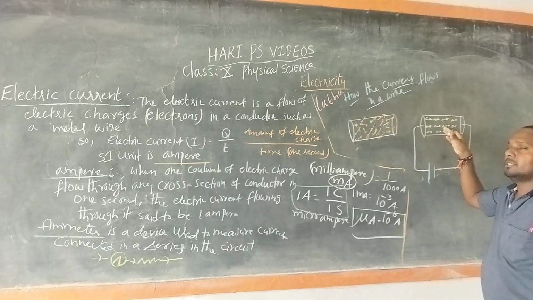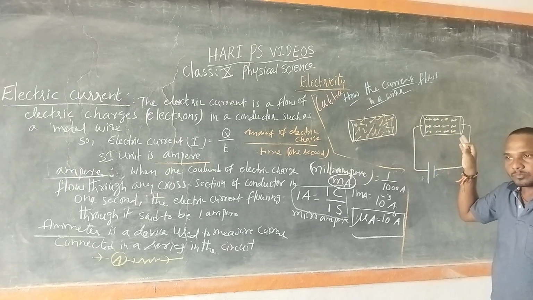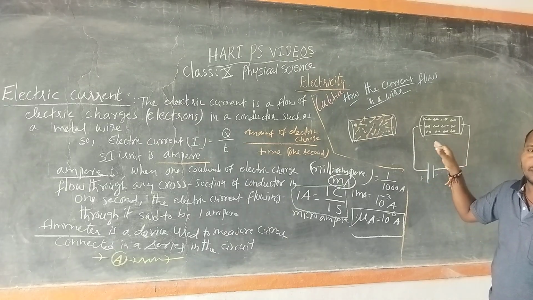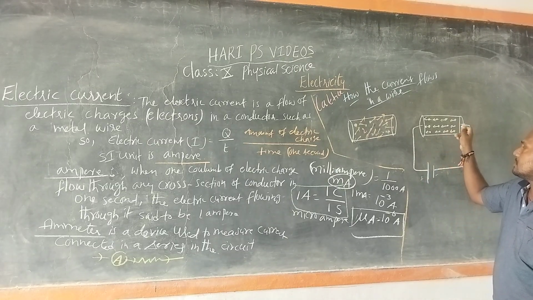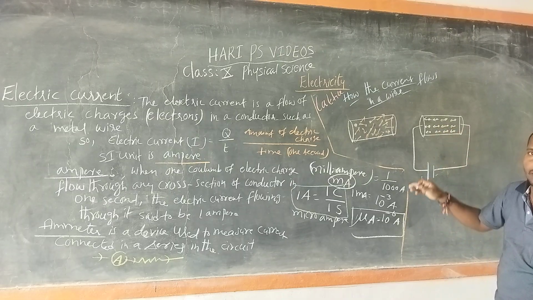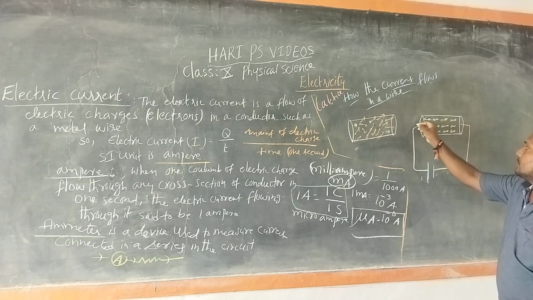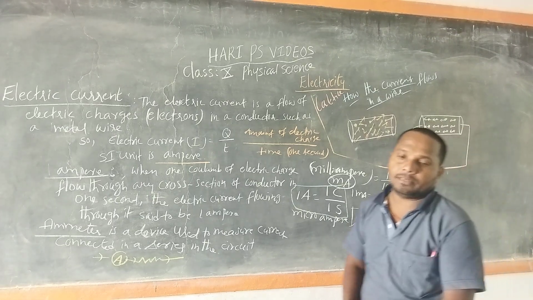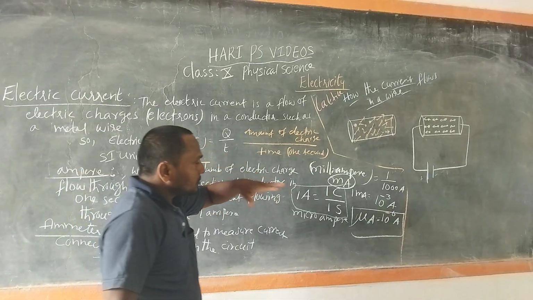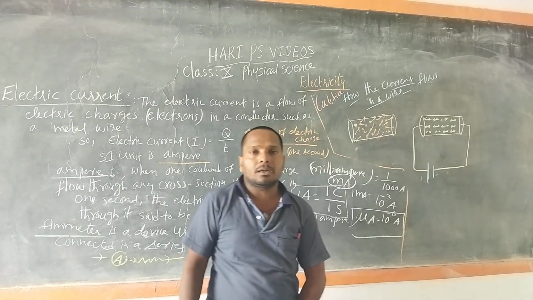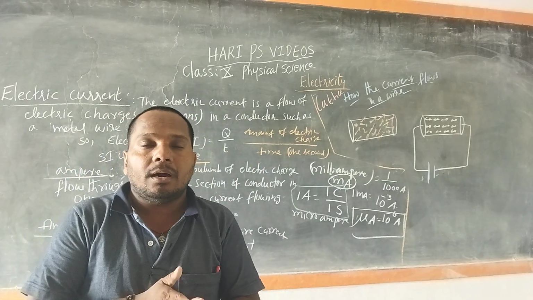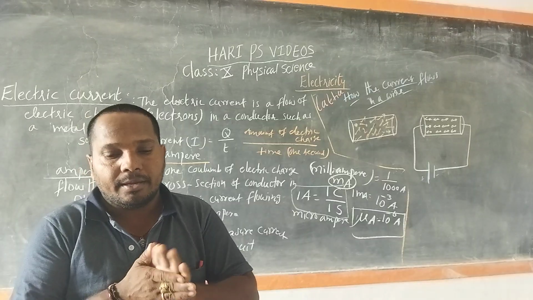When this is connected to a source of electricity like a cell or battery, due to the electric force and electric field, these electrons flow in a particular direction, from the negative end to the positive end.